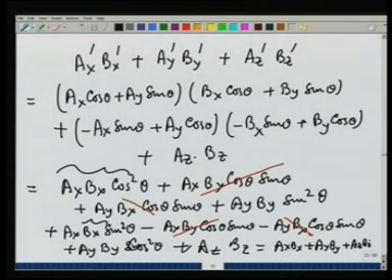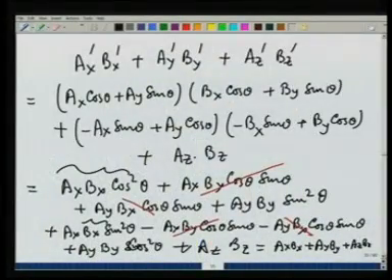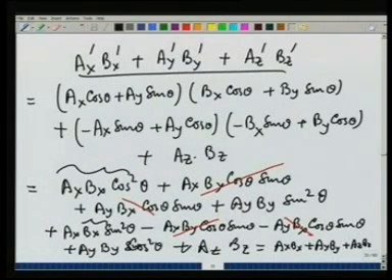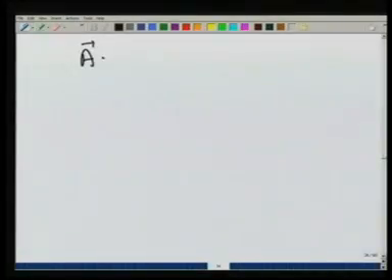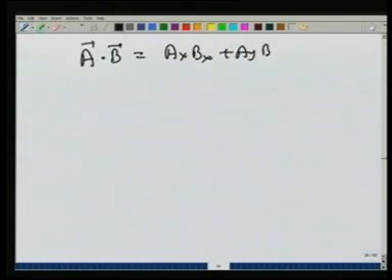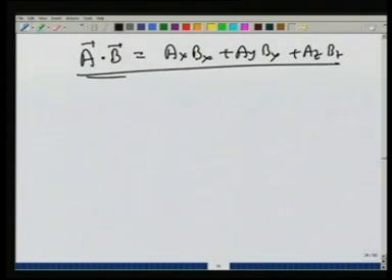So, what I showed you just now by transforming the different components is that ax prime bx prime plus ay prime by prime plus az prime bz prime, even under transformation, remains the same as ax bx plus ay by plus az bz, and therefore this is a scalar quantity, and that is precisely why we take this particular combination ax bx plus ay by plus az bz and call this a scalar product.